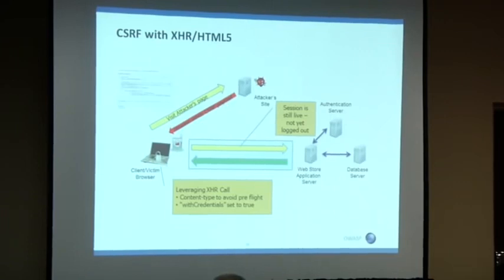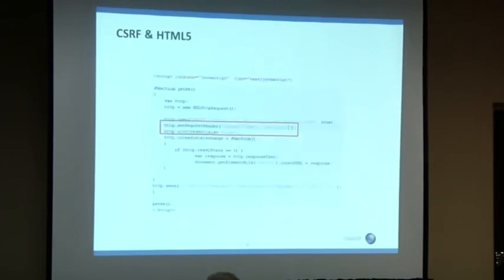So in this case, what is going to happen is it will initiate a connection. With a payload or a script like this, what we have done is we have opened a POST connection to the cross domain. We have set the header to text/plain here, and we have set credentials to true here. And as you can see over here, we can send pretty much anything. Over here it's JSON. We can send XML.